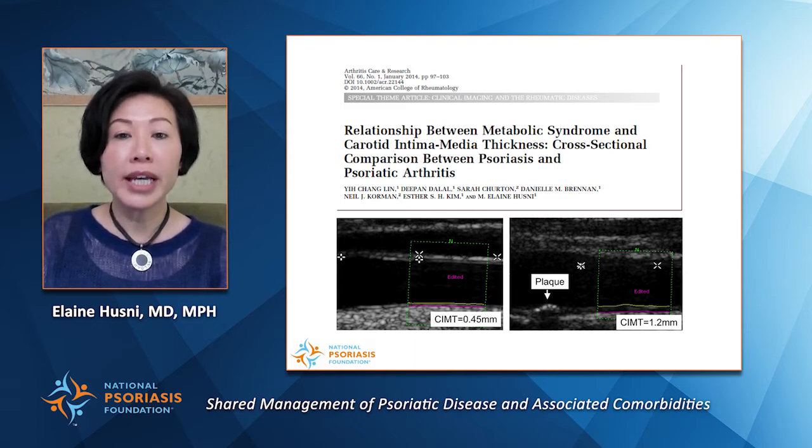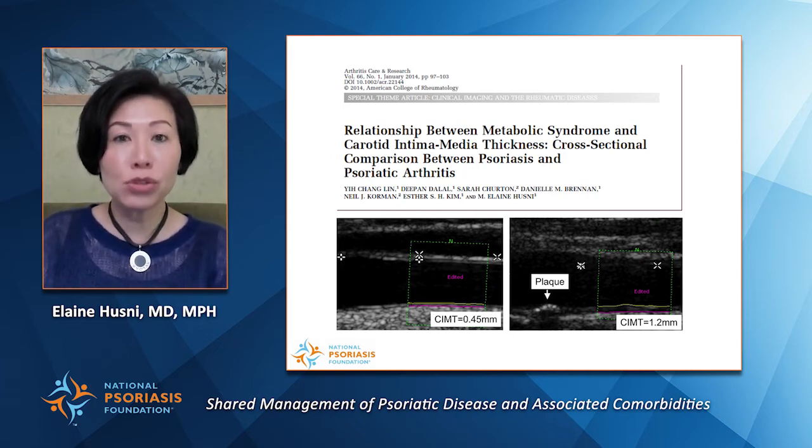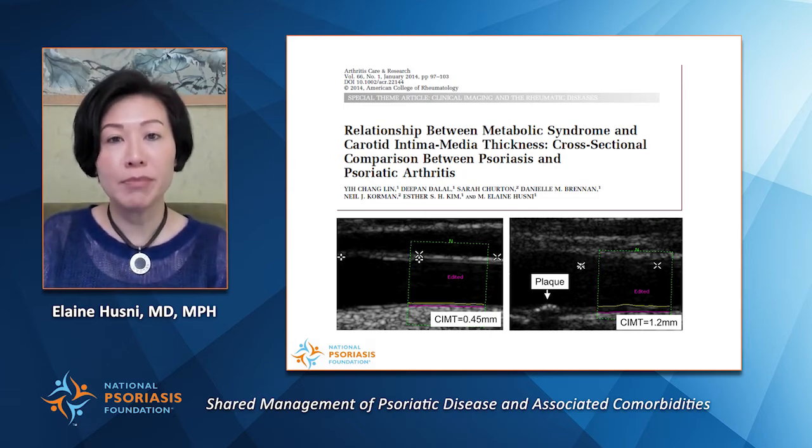So we looked at the relationship between someone with psoriasis skin alone versus psoriatic arthritis, the skin and joints involved. And what we found is patients with psoriatic arthritis actually had worse metabolic syndrome and carotid intima media thickness. So perhaps having a two-hit hypothesis could be worse than having skin alone. But unfortunately, both groups did have an increase in metabolic syndrome.